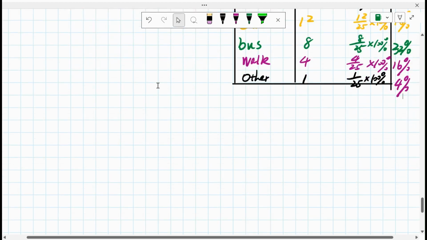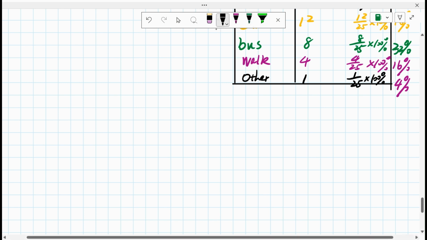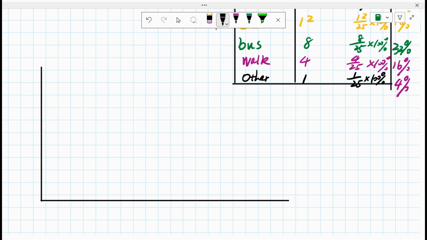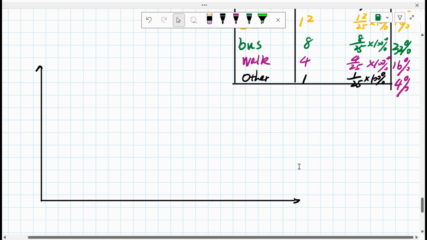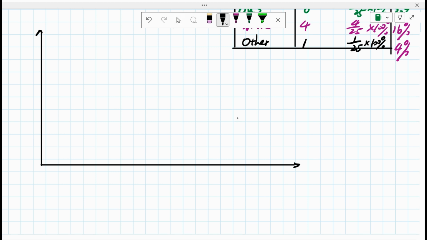Perfect. Start with the frequency one. So I'm gonna make a bar chart, right? And we call that frequency. All right. So first, because we have 4 different categories, first we say walk, bus, car, and others.